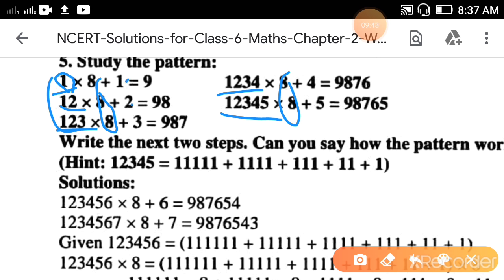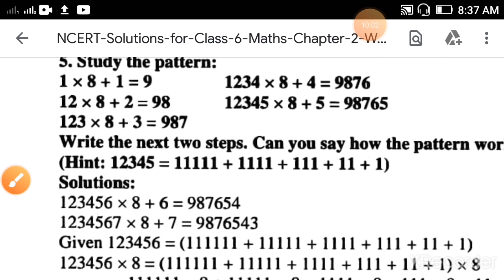So 1 2 3 4 5. When you solve that, you will get the answers 9, 98, 987, 9876, 98765. This is the pattern.